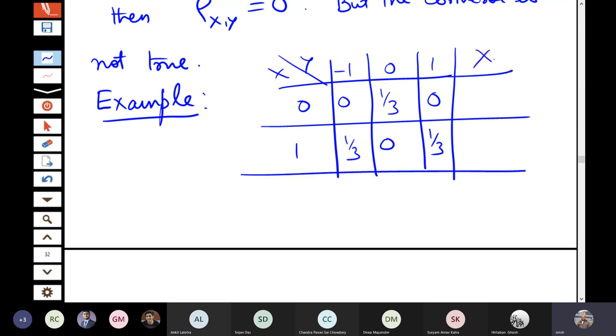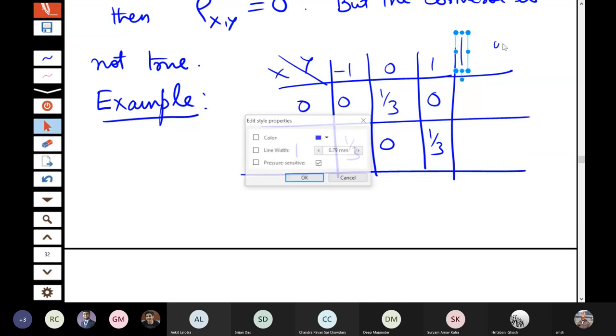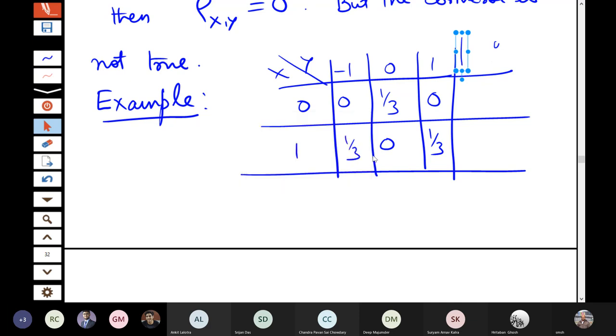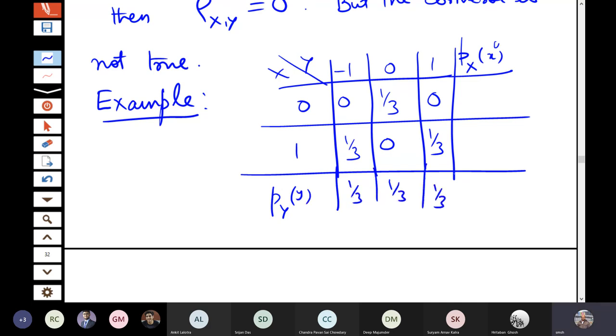Okay, so what are the marginal distributions of x? You can sum here: 1 by 3, 1 by 3, 1 by 3, and this is 1 by 3, and this is 2 by 3.